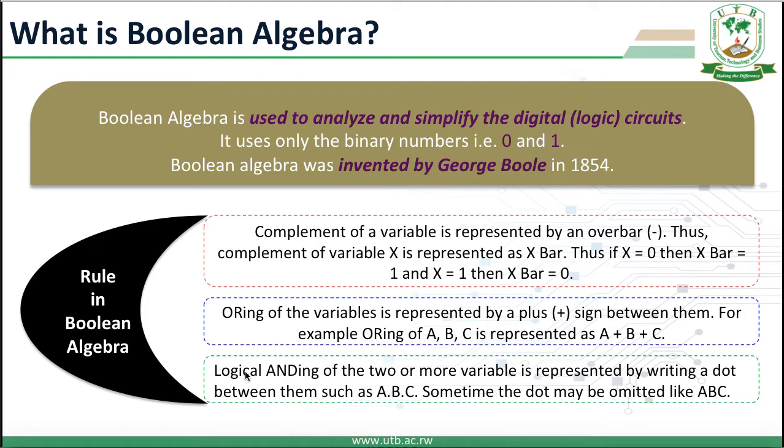Then logical ANDing means the AND operation, the multiplication of two or more variables, and is represented by writing a dot between them, such as a dot b dot c. Sometimes the dot may be omitted, like ABC. ABC is one product, A times B times C. These are the rules.